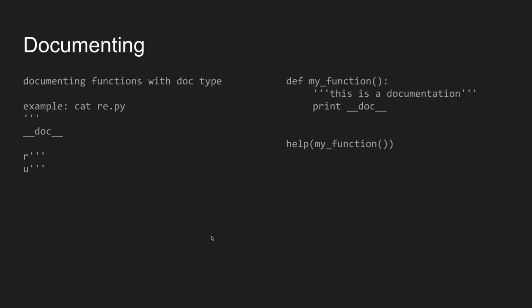Your main doc string gets imported into the underscore docs of the function. So say if you import RE and then print RE dot underscore underscore doc underscore underscore, you'll get what it says in help.